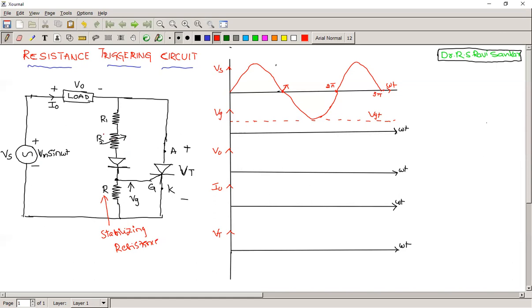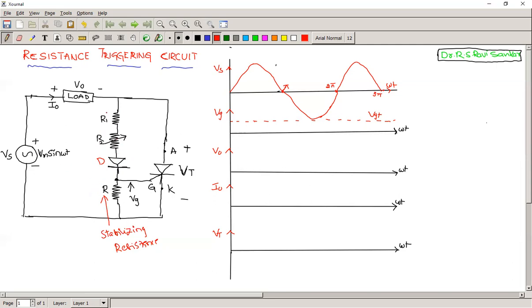Now let me see how we are going to design these values initially. Suppose R2, this variable resistance, is 0. Why did we keep this diode? In this branch, the current passes only when the diode is forward biased. That happens only during the positive cycle.